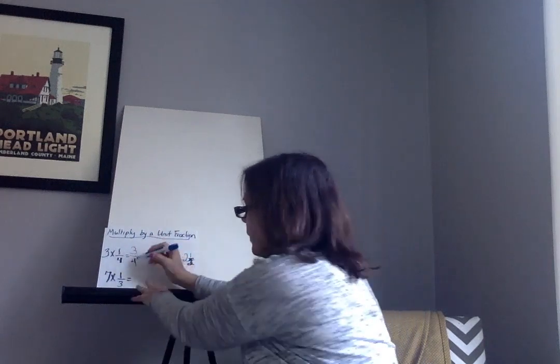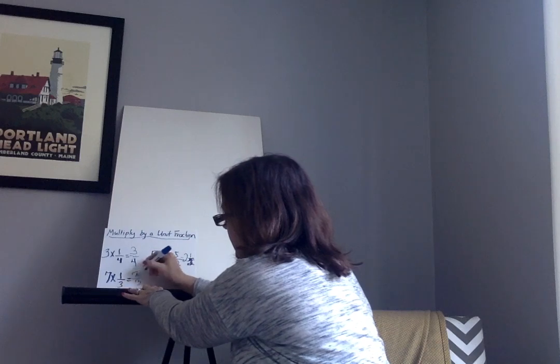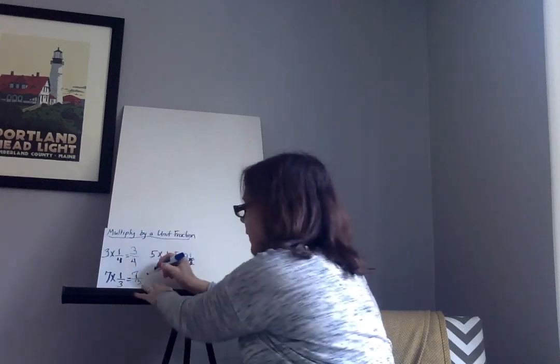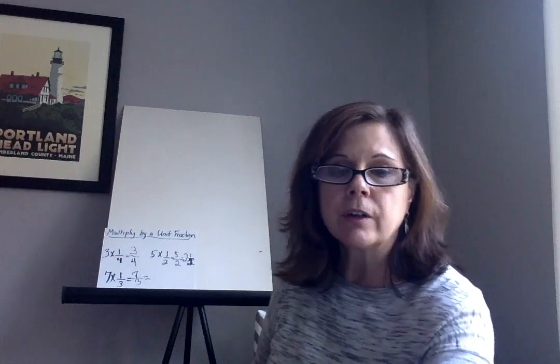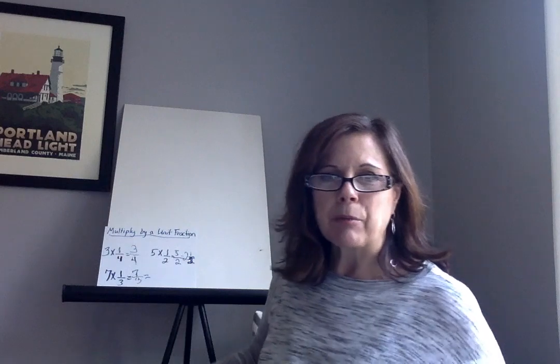Okay, let's try this one. 7 times 1/3 is 7/3. Okay, again, an improper fraction, so we're going to turn it into a mixed number because we don't want an improper fraction.